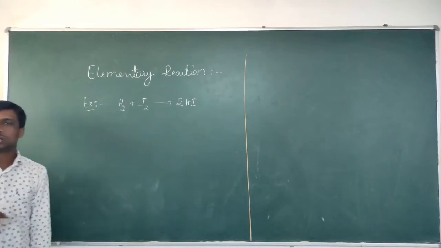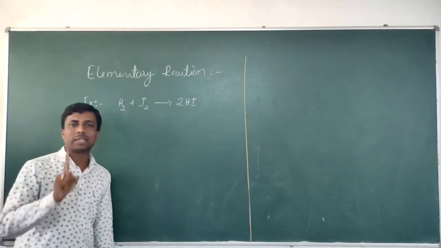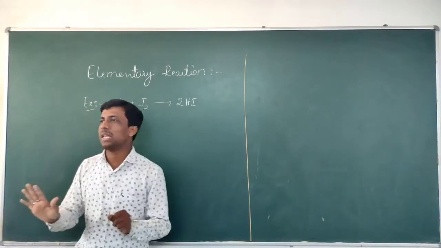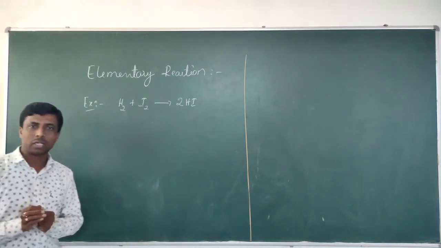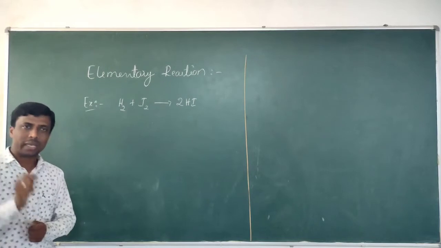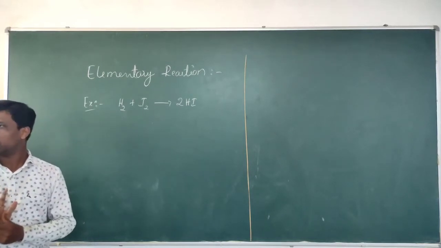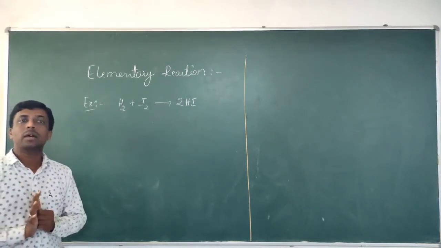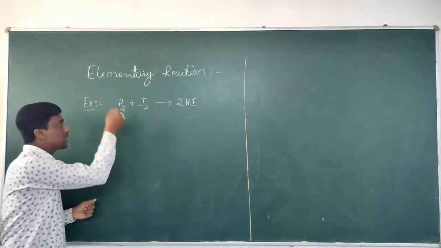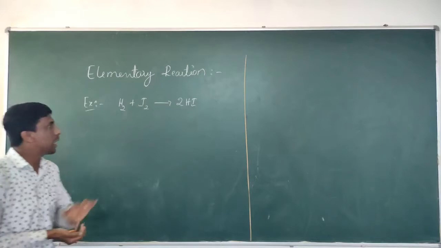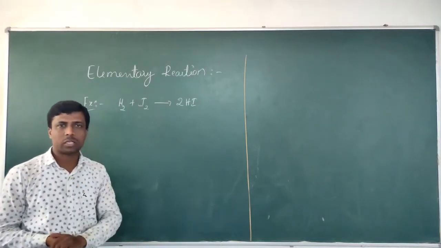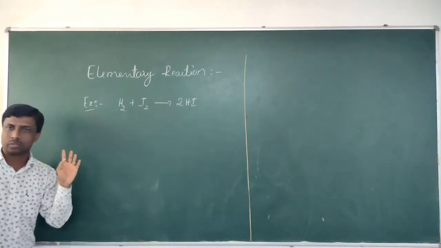The reaction which takes place in a single step is called an elementary reaction. It means the mechanism of such reactions involves only one step. In one step you will get the product. Such reactions are called elementary reactions.